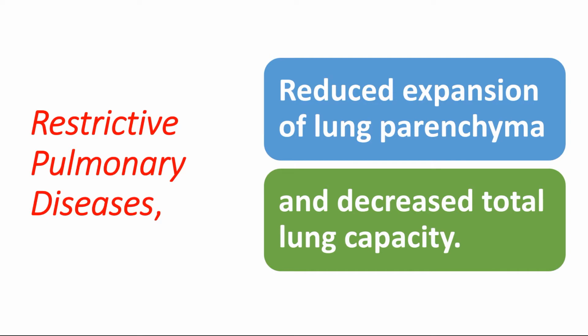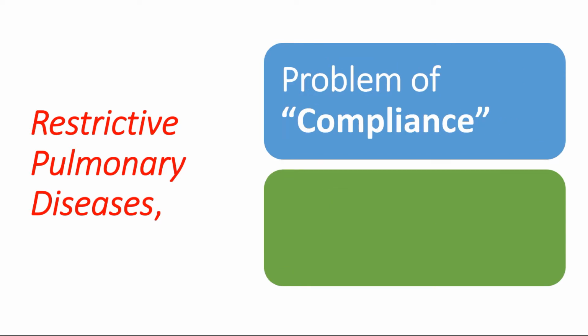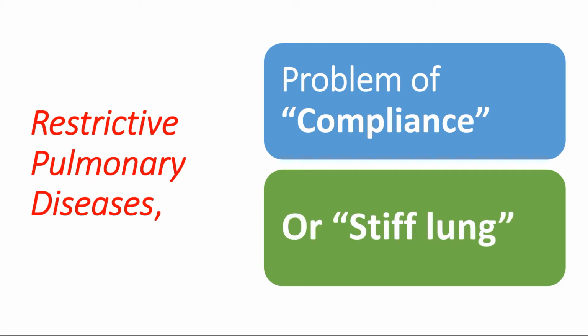When there is interstitial fibrosis, the lung decreases in size because of contraction of the fibrous tissue, and this fibrosis makes the lung rubbery or firm in consistency, and this leads to reduced expansion. This is called reduced compliance of the lung. So it is a problem of compliance of the lung, or stiff lung.